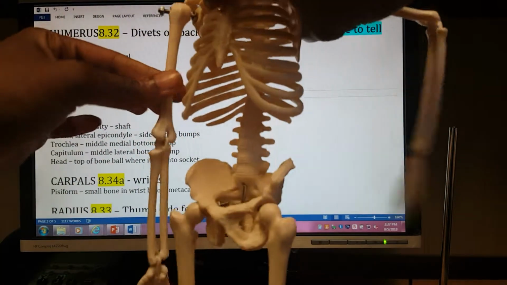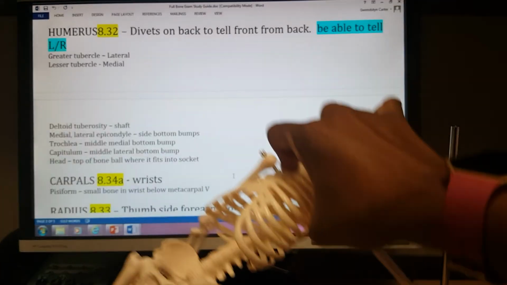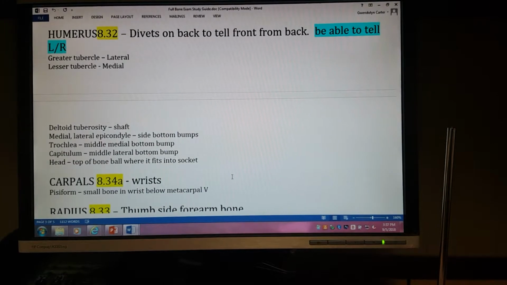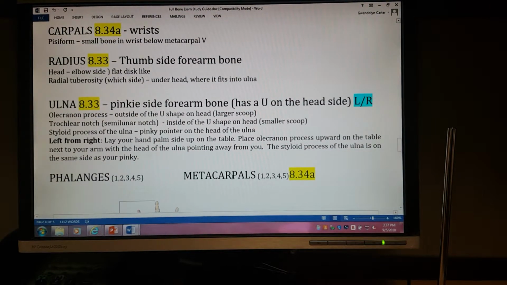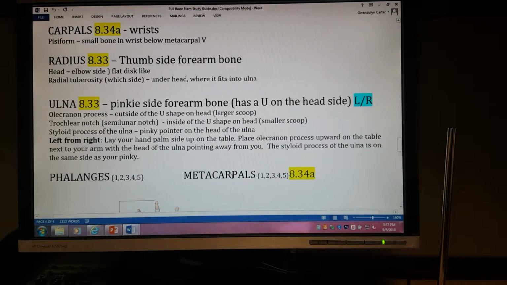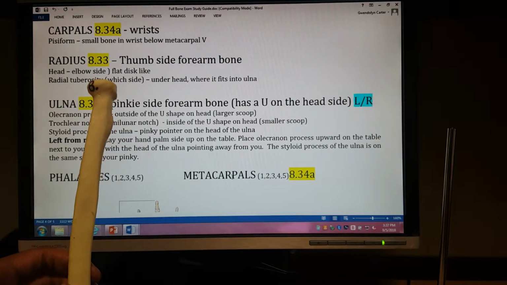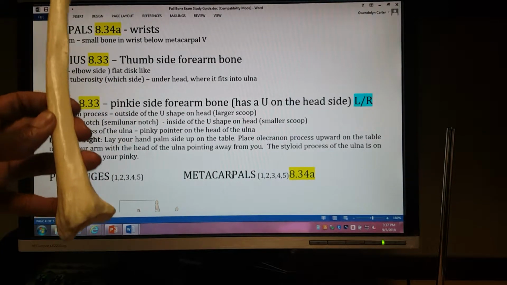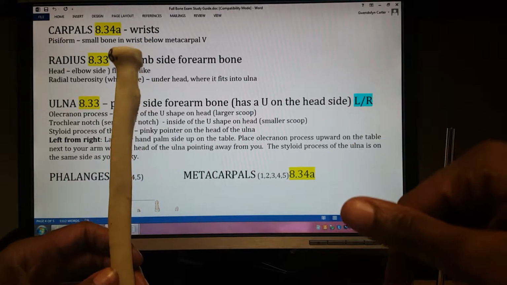Moving from the humerus down to the radius and ulna in our forearm. I'm going to skip the carpals and come back to those later. Your radius doesn't have too many features. It has features that stick out and let you know that it is your radius.